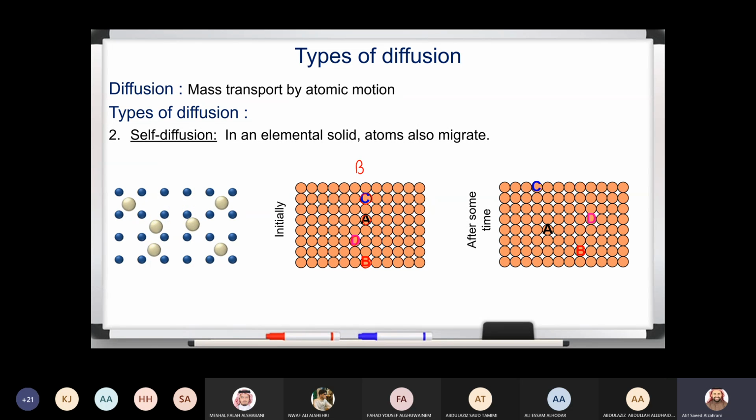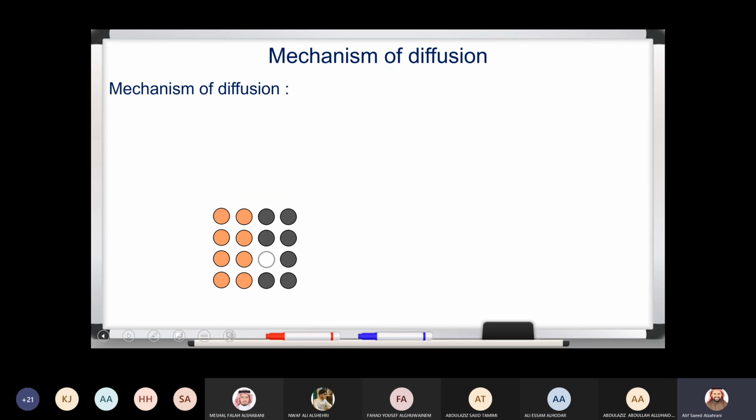So now we know the types, but we don't know the mechanism or how this is happening. And to answer this, we need to understand the mechanisms of diffusion. And again, we have two mechanisms of diffusion. Before we talk about the types of mechanisms, it's important to know that for a diffusion to happen, there are two rules for the atom.